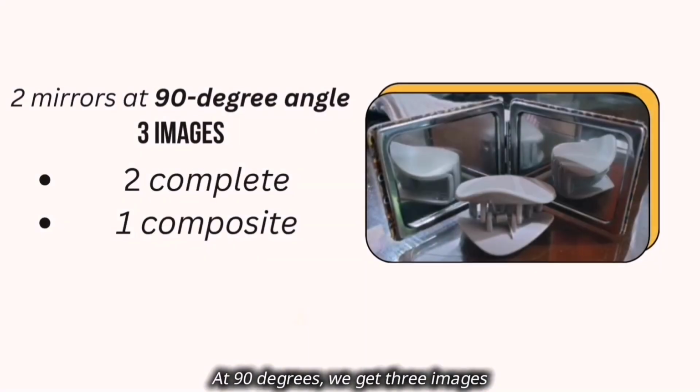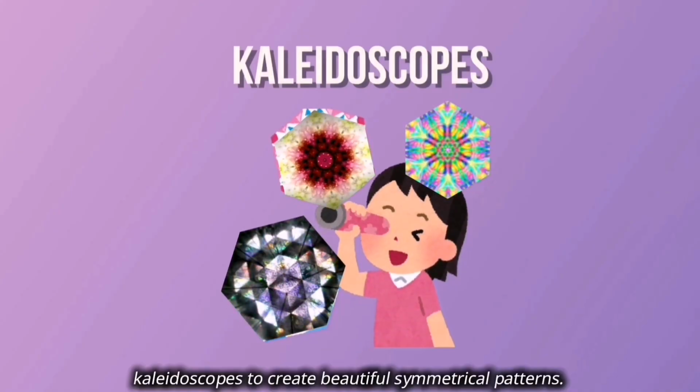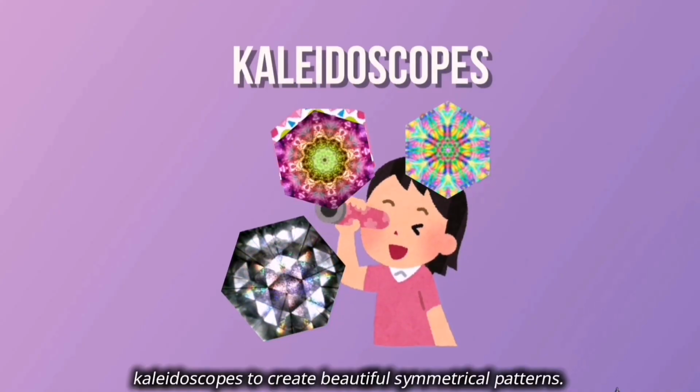At 90 degrees, we get 3 images, 2 complete and 1 composite. And at the other angles, we get different numbers of images. This principle is used in kaleidoscopes to create beautiful symmetrical patterns.